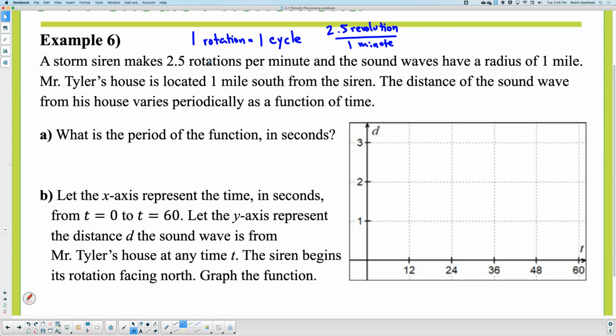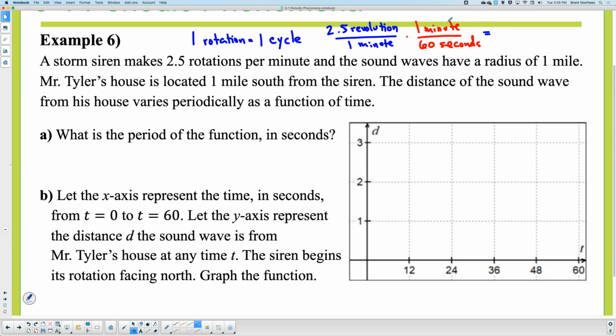A rotation is the same thing as a revolution. All that's equal to 1 period. They're going to change it to seconds, so you do 1 minute, and we're going to multiply times 60 seconds. When you simplify, you can find out what 1 period, or 1 revolution, is equal to.